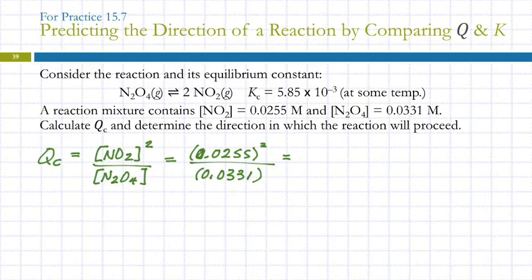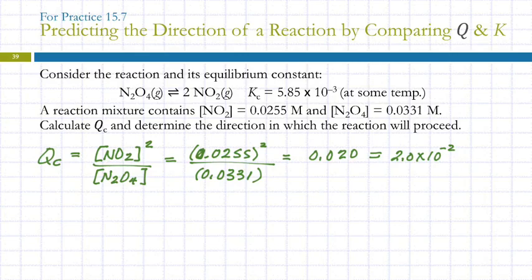I'm getting 0.0196 or 0.020. This one's written in scientific notation. I'm going to go ahead and write this in scientific notation: 2.0 times 10 to the minus 2. Anybody else get that number? Okay. So that's the first part, calculate QC.